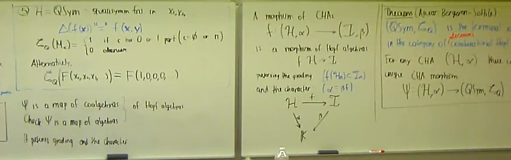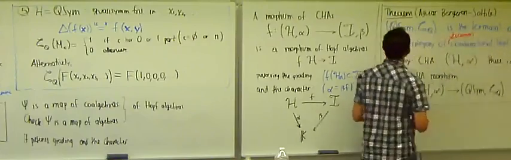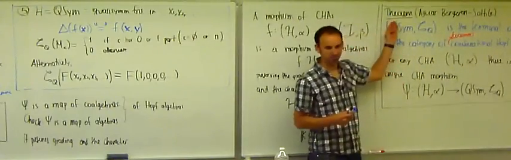QSYM is not co-commutative, actually. Let's take that comment to the forum. But if you look at the co-commutative combinatorial Hopf algebras, then this is going to be the terminal object.